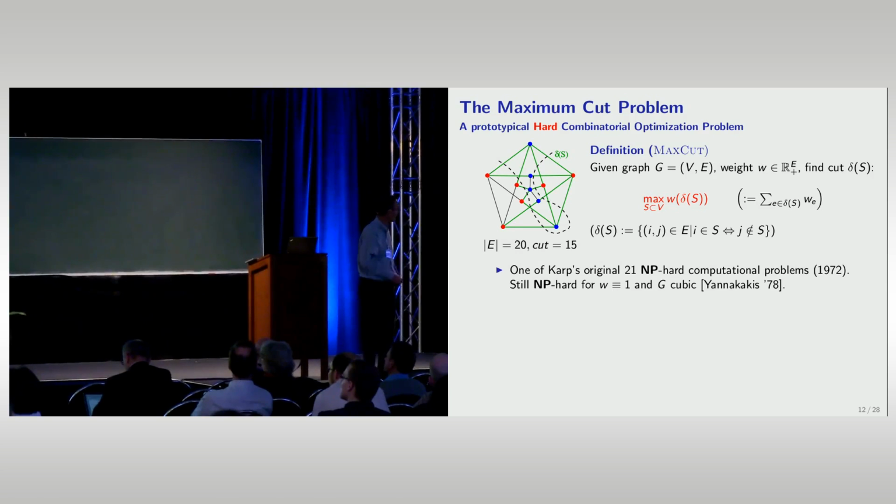So for example, in this example, if I do this red-blue bicoloring of the vertices, and I look at the edges that have one endpoint blue and one endpoint red, the green edges, I get precisely 15 edges out of 20. So is that optimum?